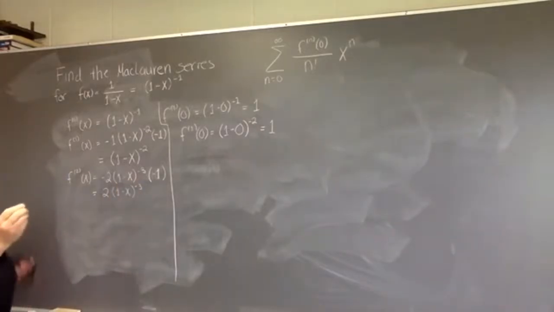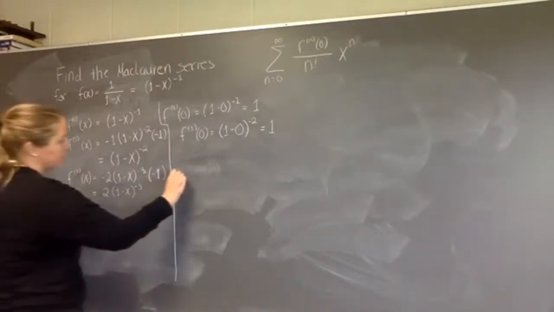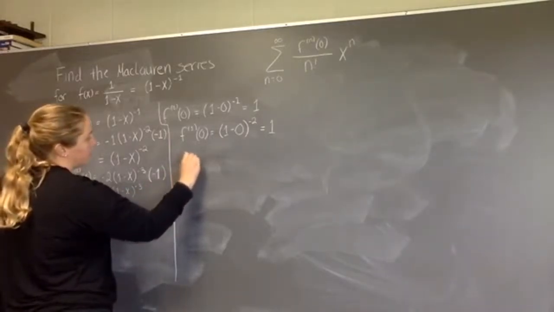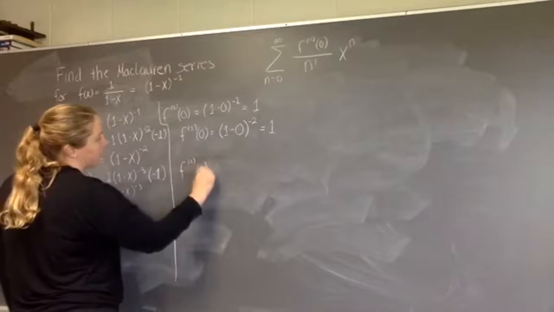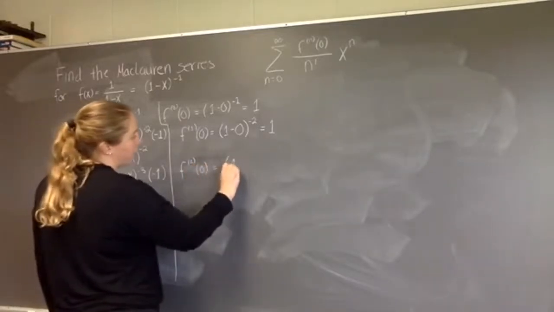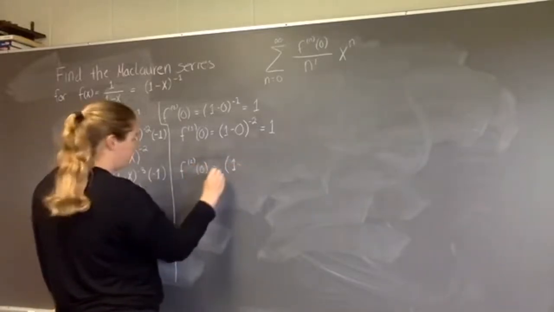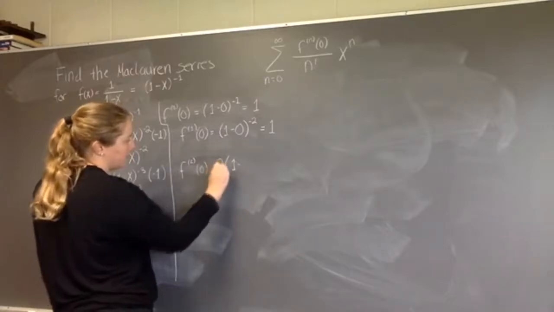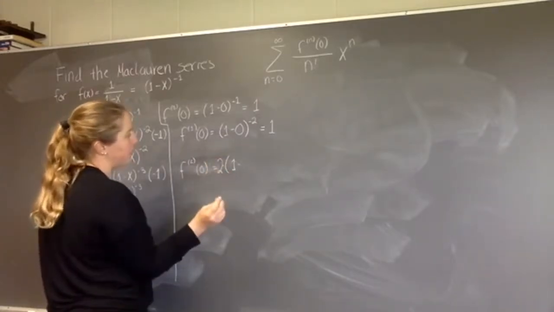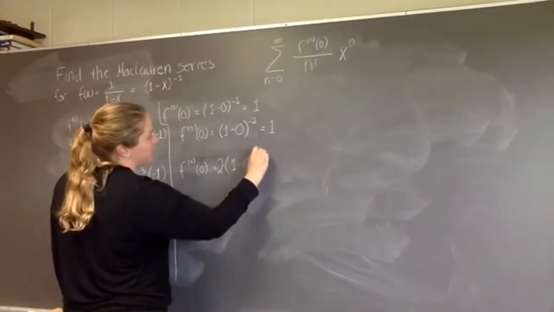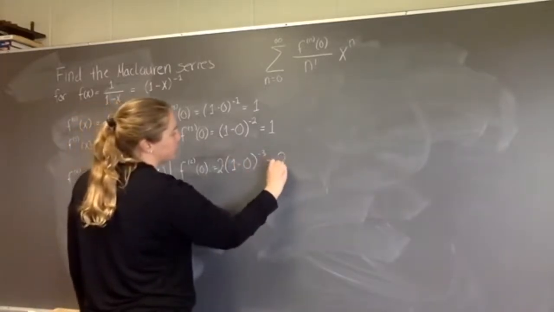So what this tells us is that the second derivative, evaluated at 0, is 2. That was that 2 I was talking about. 2 times 1 minus 0 to the negative 3, which is just 2.